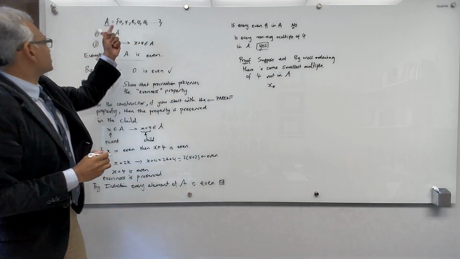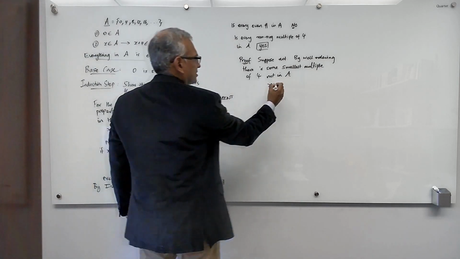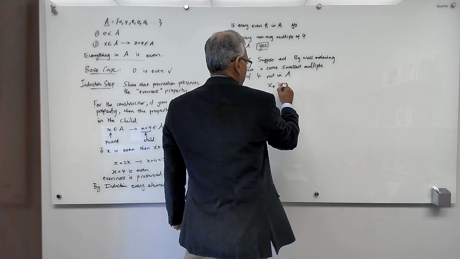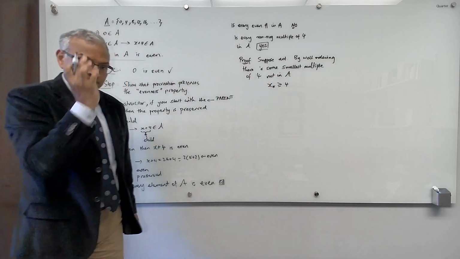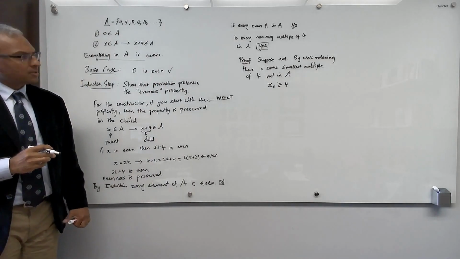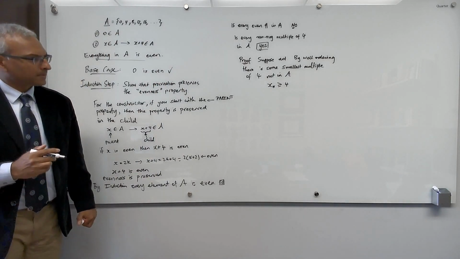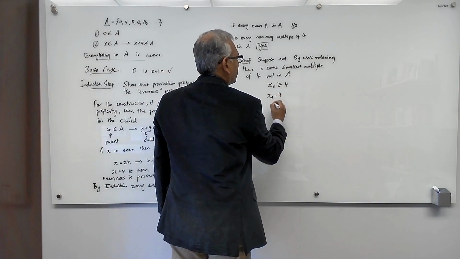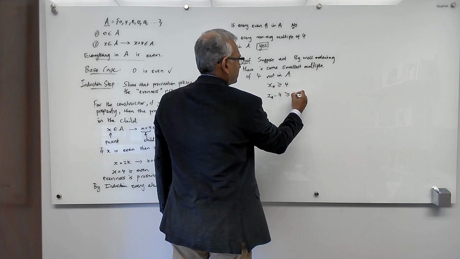x star is not 0 because 0 is in A. So x star is greater than 0, which means that x star is greater or equal to 4, and it's a multiple of 4 that's not in A. Then let's consider x star minus 4. This is greater or equal to 0.